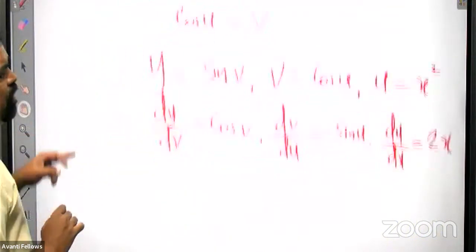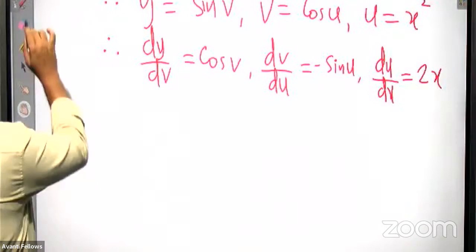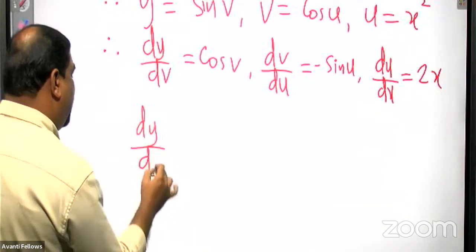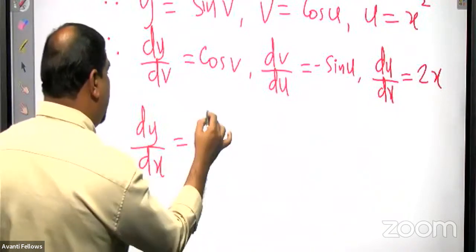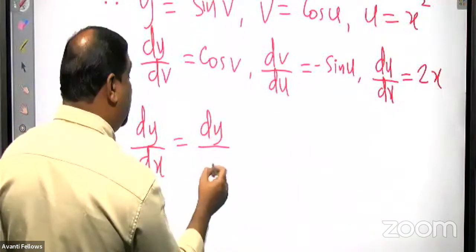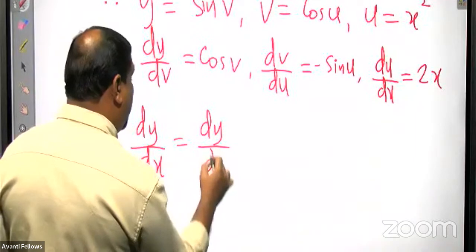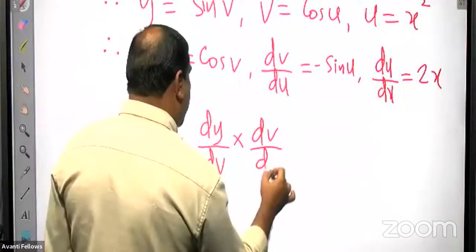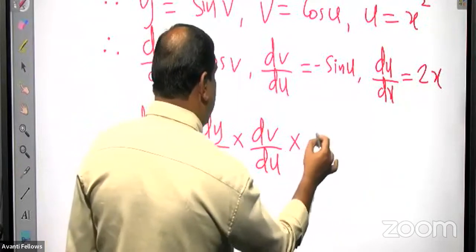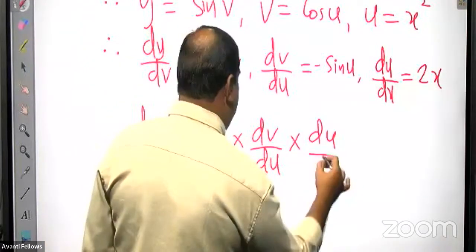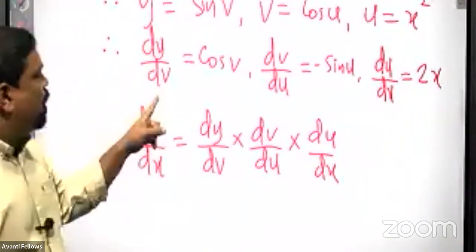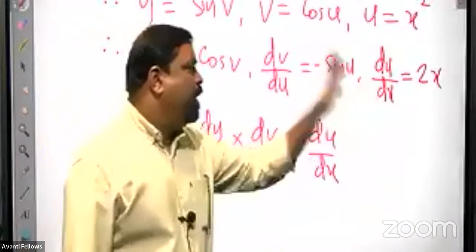So there are three functions actually. Now we have to multiply as in the earlier. We have to find dy by dx. Okay. So dy by dx can be written as multiply all the three. dy by dv into dv by du into du by dx. In order, you multiply dy by dv into dv by du into du by dx.